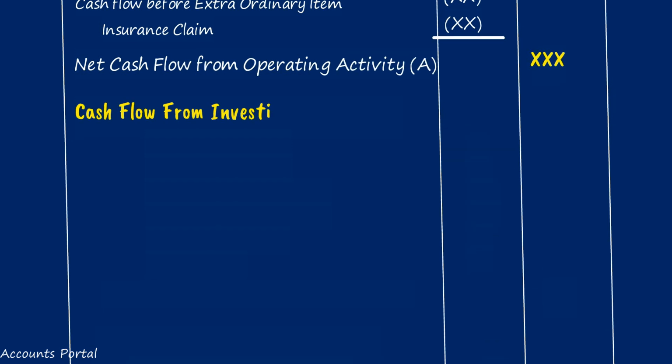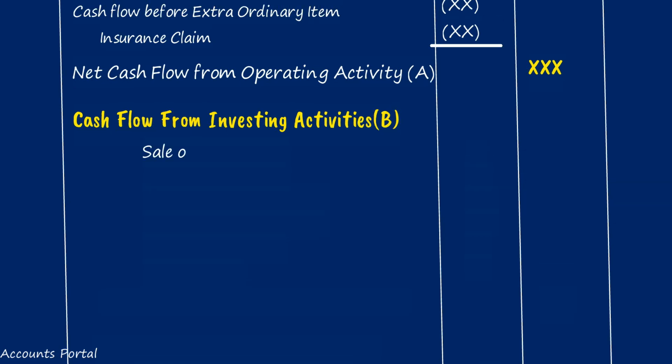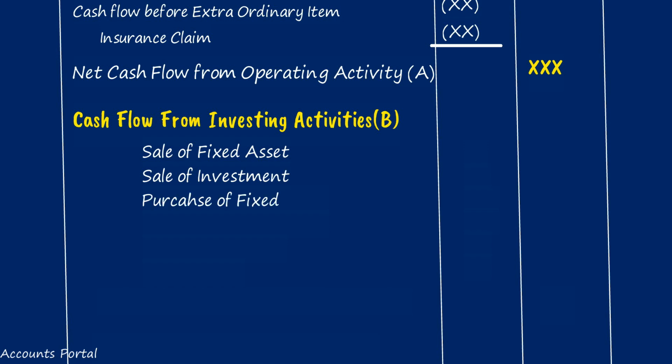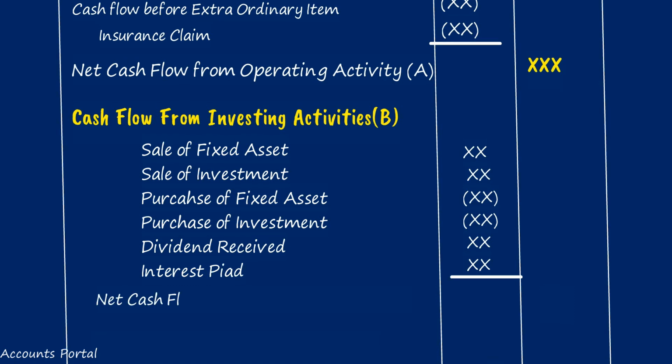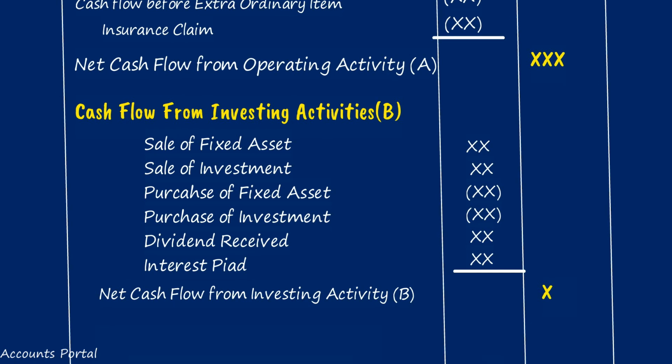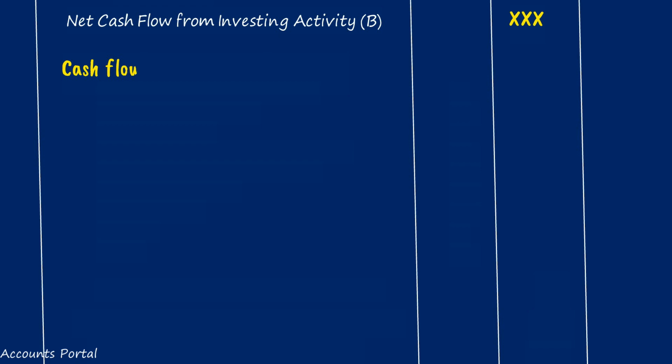Next, give the heading cash flow from investing activities. Sale of fixed asset inflow, sale of investment inflow, purchase of fixed asset outflow, purchase of investment outflow, dividend received inflow, interest received inflow. Net cash flow from investing activity, written in bracket B. Give the heading cash flow from financing activity.